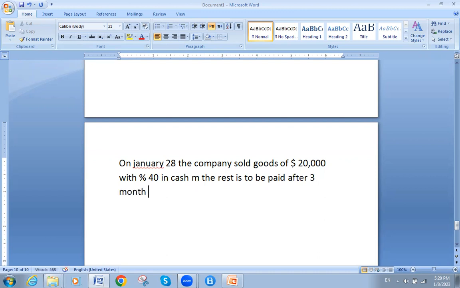Cool. That means that we only receive cash for 40% of the 20,000, and the rest is to be paid after 3 months. This means account receivable. Why? Because you will not take all your money in cash. You will take only 40% of it.